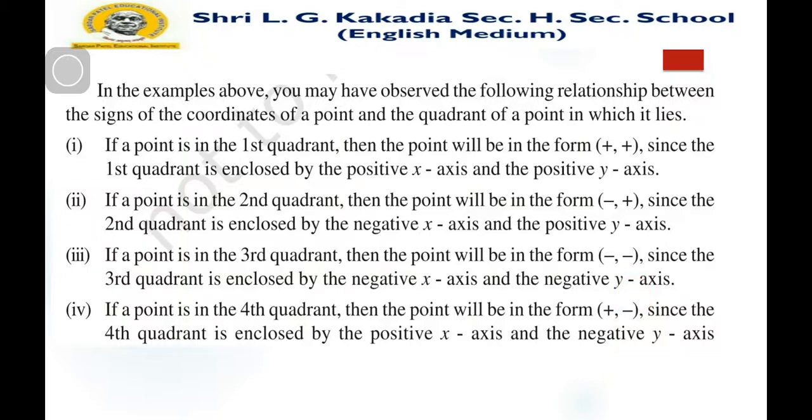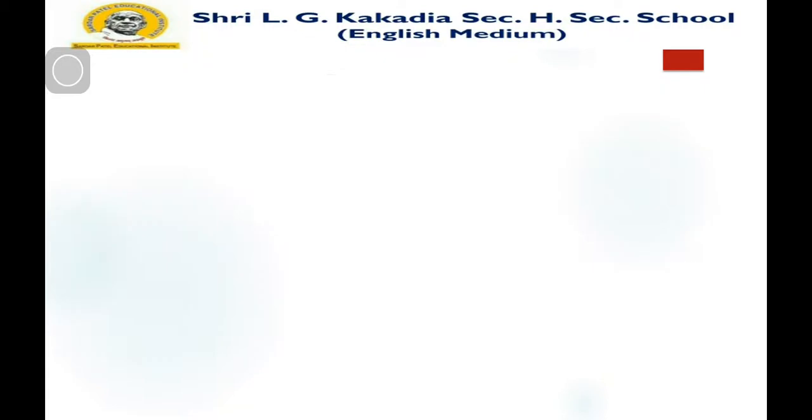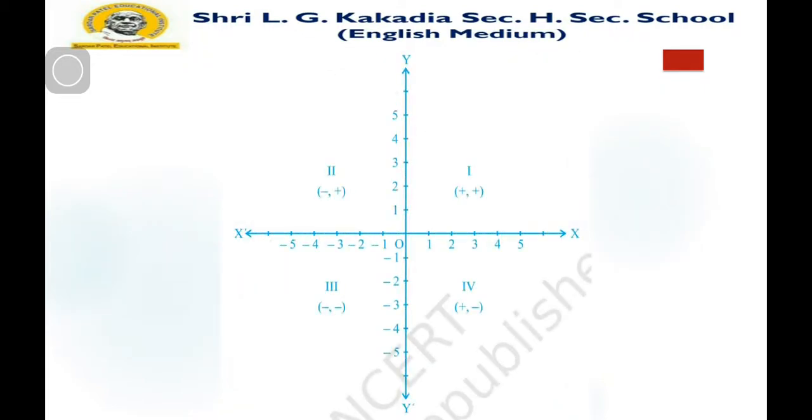So if the given point is in the first, second, third or fourth quadrant, then we can find such a graph as you can see here. In the first quadrant, the coordinates of a point, both x and y, are always positive.